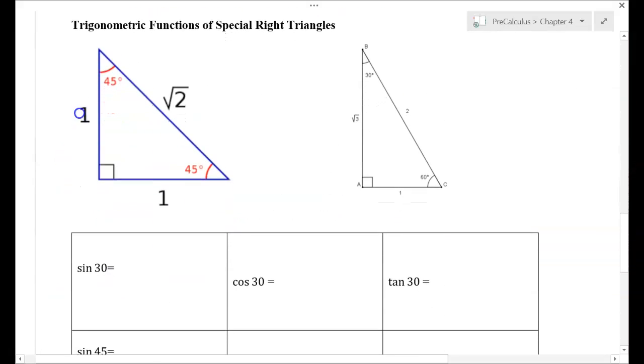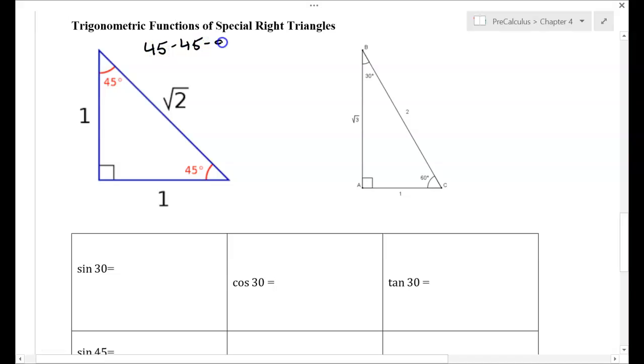The next thing we're going to do is the same thing, but this time we're going to use special right triangles. So our first one over here is a 45, 45, 90, and I already have the lengths filled in, 1, 1, and root 2. You can do a Pythagorean theorem to check those if you want. And then this other one is a 30, 60, 90.